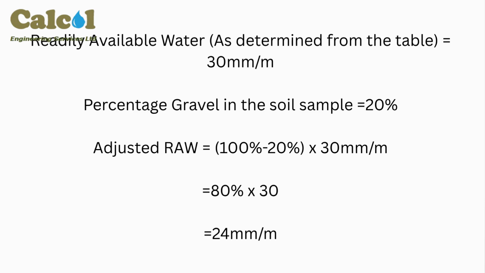So that means your readily available water will be 80% of 30. Based on that value, you now multiply the thickness of the soil by its adjusted raw value. So if it was 30 and you reduce it by 20%, the readily available water you are dealing with is 24 millimeters. That is what you will multiply by the thickness.